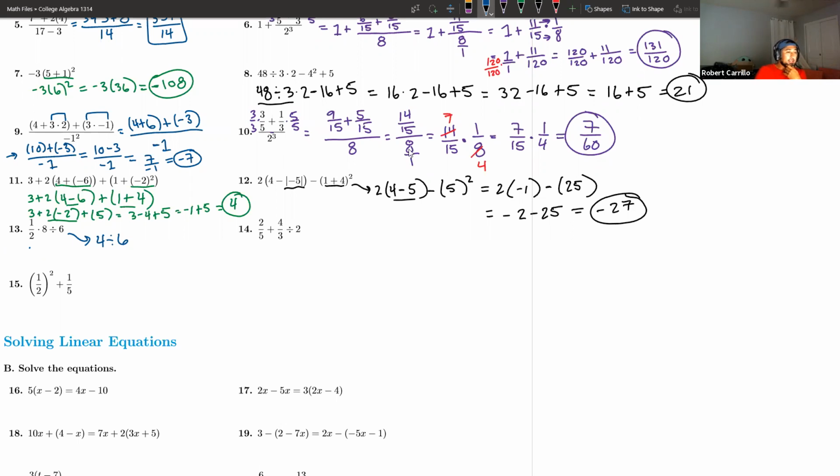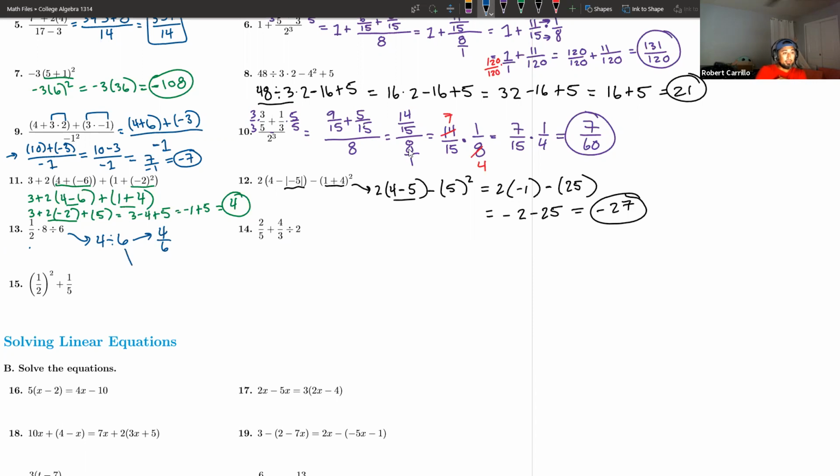4 divided by 6. Well, I can do two things. I can multiply by the reciprocal, or I can rewrite it as a fraction. Here, we can show both. So 4 divided by 6 can also be written as just 4/6.